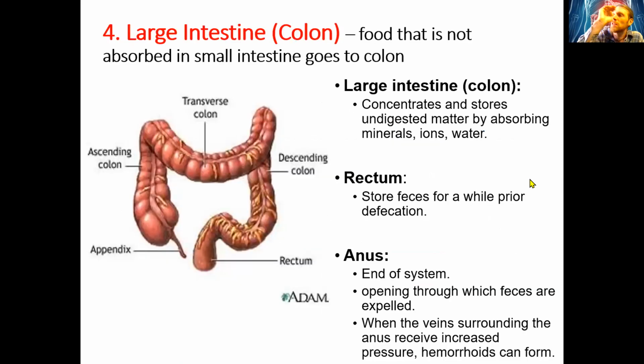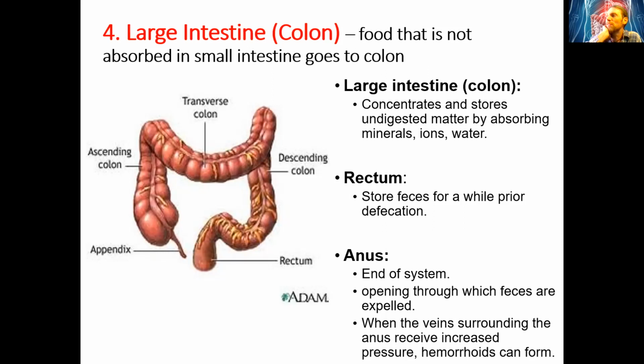Okay, the next part is the large intestine or colon. This colon has three big parts: the colon itself, the rectum where we store the feces before defecation, and the anus, which is basically a sphincter, a circular muscle which opens and closes whenever you want to defecate.